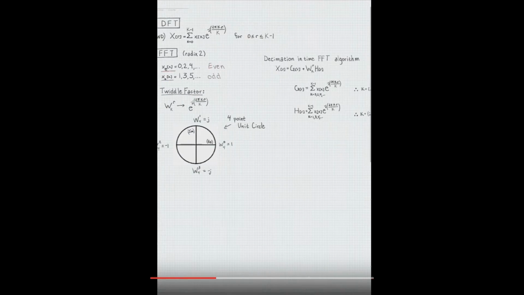Okay, so now that we have that common understanding, let's move over to our actual decimation in time of our FFT. We'll be taking all of this information, our even and odds and our twiddle factors, and we'll write it all down in an equation for our FFT algorithm.